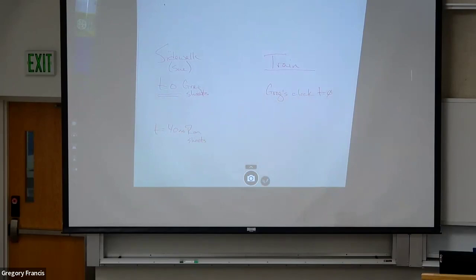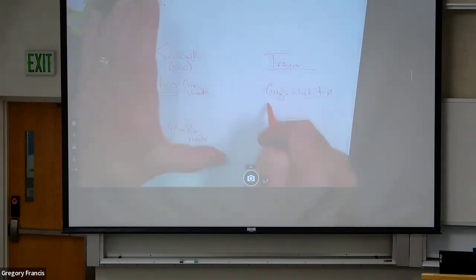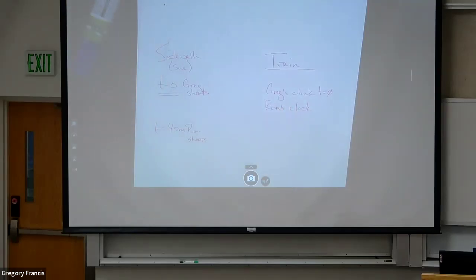If that's 0, then Ron's clock must be trailing that. According to Sue, when she sees Ron's clock, it's going to have a different value than 0 on it.